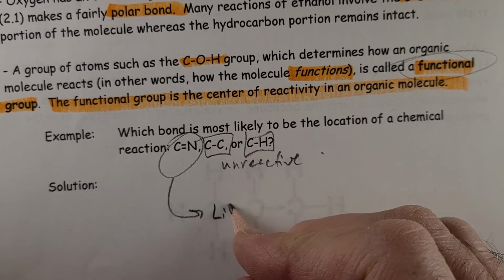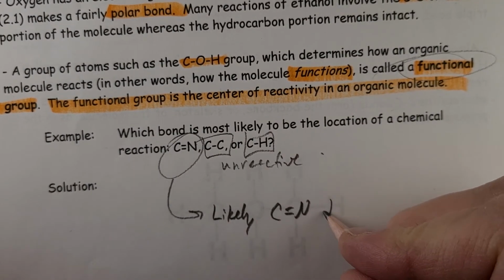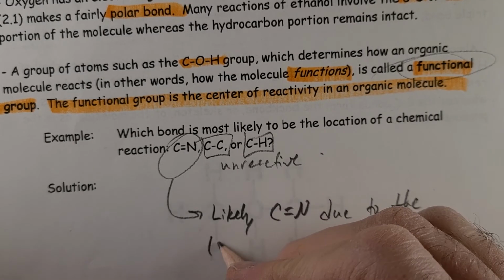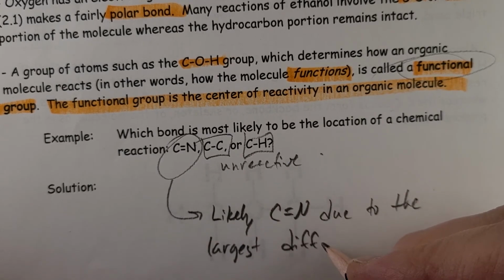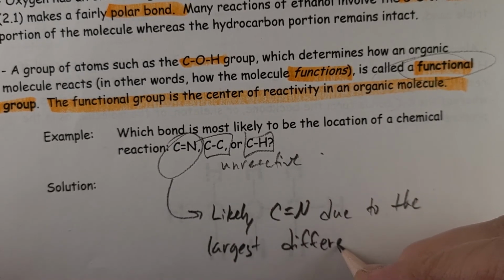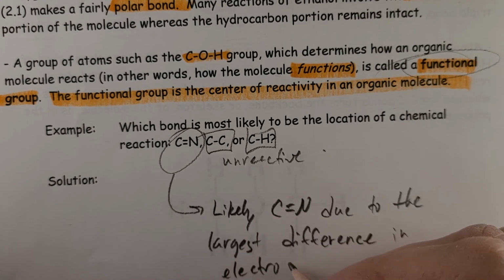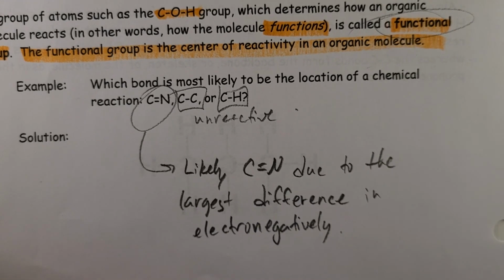In this case, likely the C double bond N. If I look up the electronegativity of nitrogen and carbon, I would see that the difference is larger than 0.4, implying that that is a polar area where chances are a reaction will happen due to a larger difference in electronegativity.